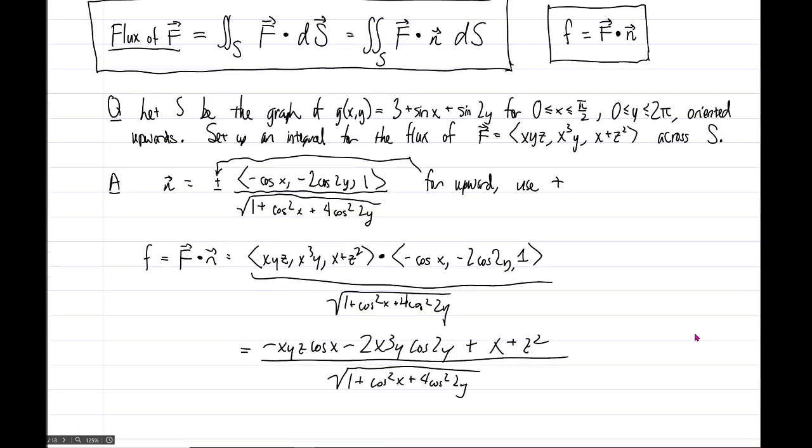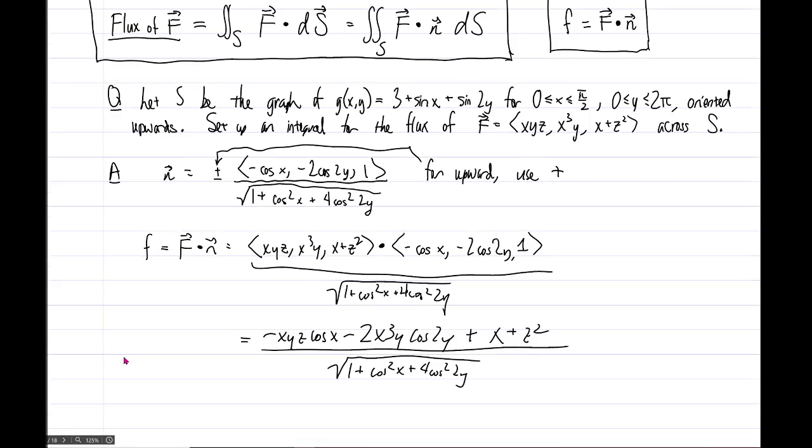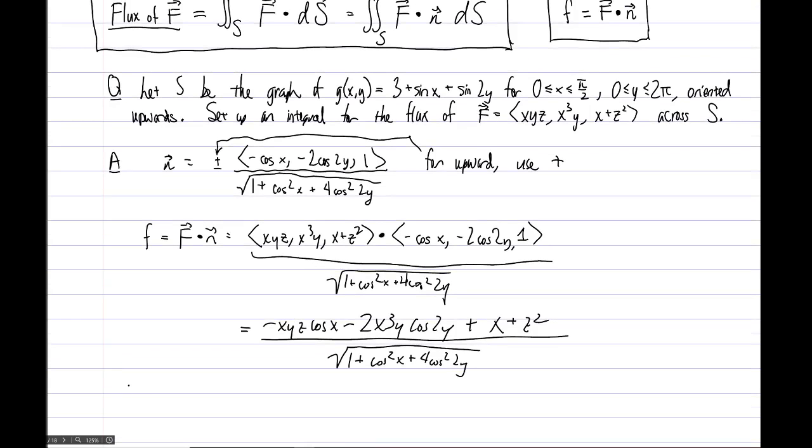Okay, so then for the flux itself, the flux that we're asked to compute is, first of all, the double integral over S of F dot dS. That's just notation though. What it really becomes is the double integral over S of f dot n dS, without an arrow.